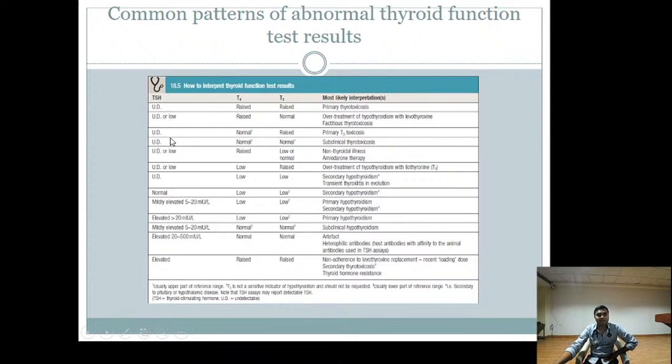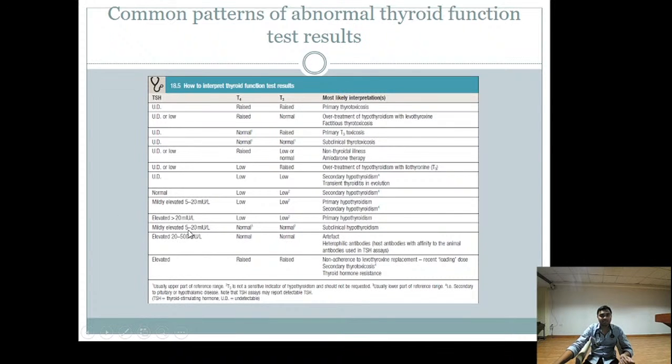If TSH is undetectable, T4 is raised but T3 is normal, it is seen in factitious thyrotoxicosis, that is, exogenous excess administration of thyroid hormone, or it can be seen in non-thyroidal illness. And if TSH is elevated and T4 and T3 are low, then it is primary hypothyroidism.